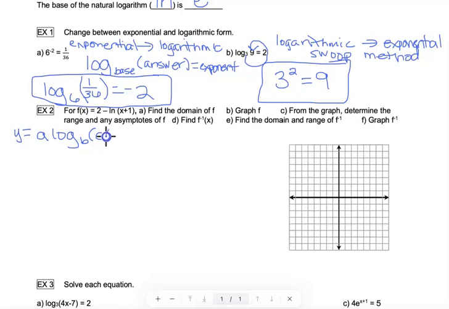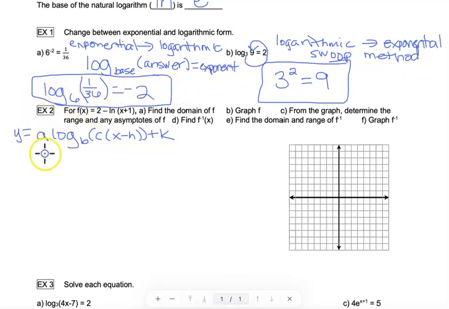Here's where a c would be, and then we'd have x minus h, and then plus k. The transformations of a, c, h, and k do the same things that they've done in every single section that we've talked about. So I'm not going to re-go through what those 4 do because you have them in your chapter 6 notes from when we did exponentials. So it's going to be the same idea here.